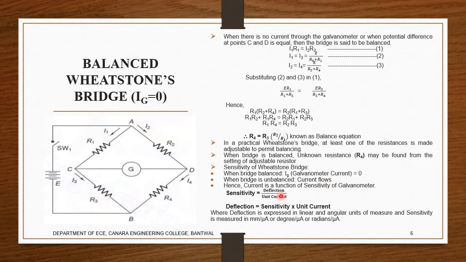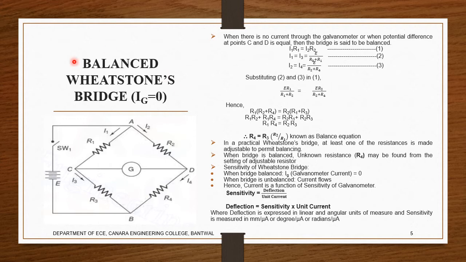Sensitivity is equal to deflection divided by unit current, or deflection is equal to sensitivity into unit current, where deflection is expressed in terms of linear or angular units of measure. Sensitivity is measured in millimeters per microamp, degrees per microamp, or radians per microamp.